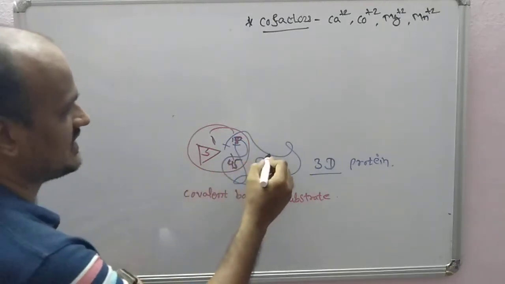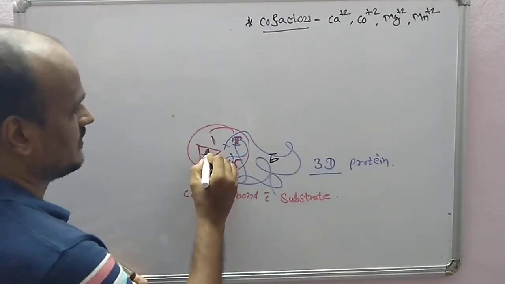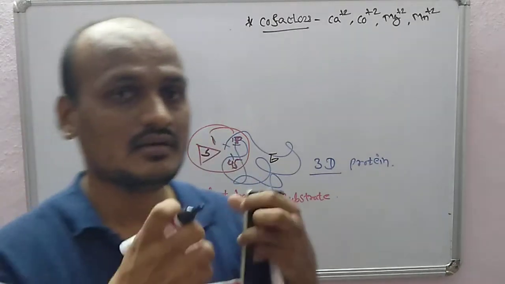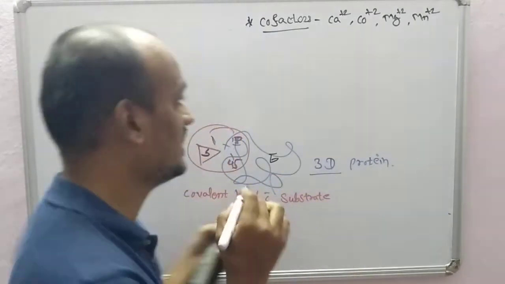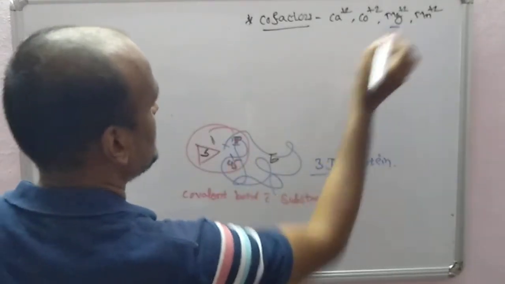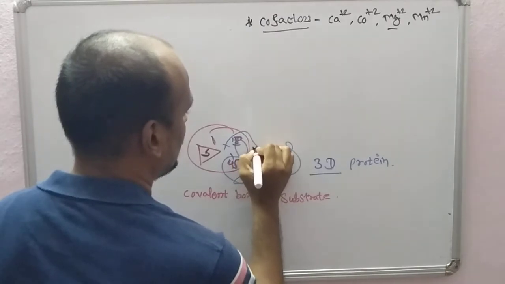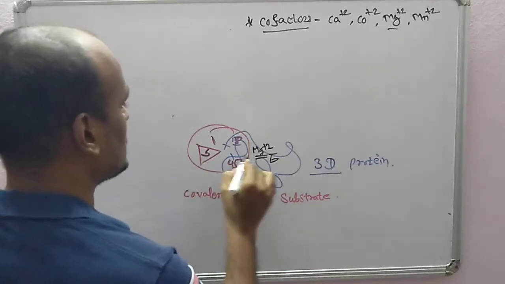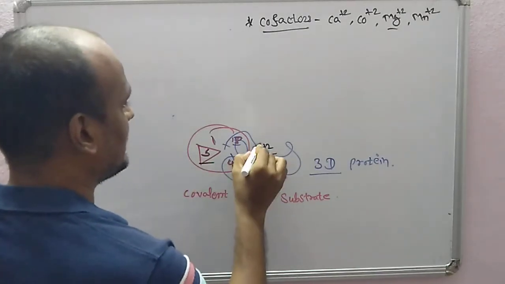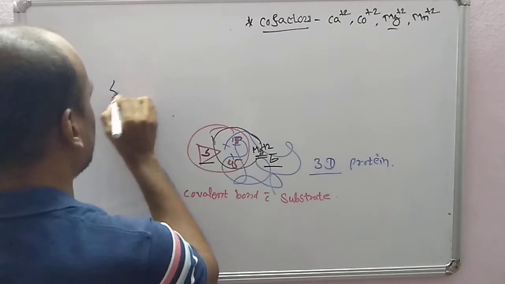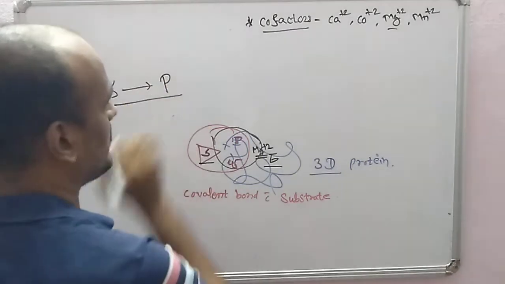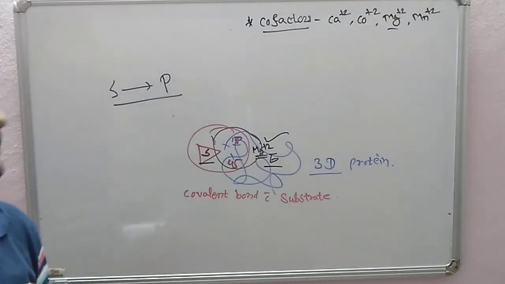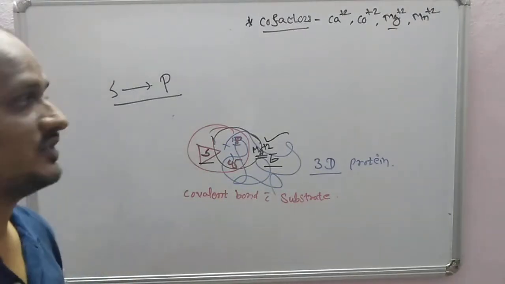For example, this is our enzyme and this is our substrate, and for this reaction to progress, sometimes a particular magnesium ion is needed. The magnesium ion will bind with the enzyme here, and only if it is present will the enzyme and substrate interact and the substrate undergo product formation. This is the importance of the magnesium ion and of cofactors.